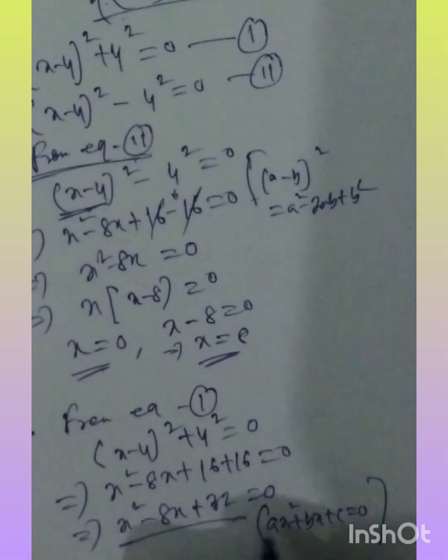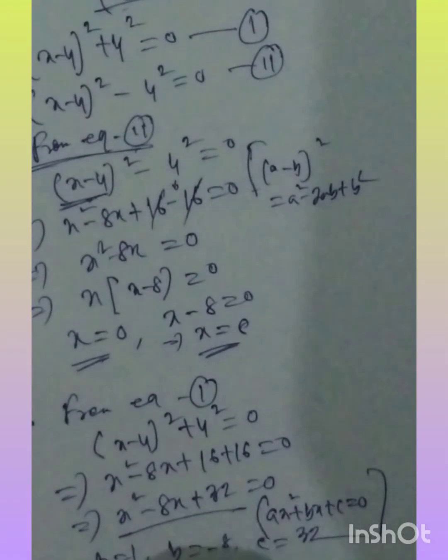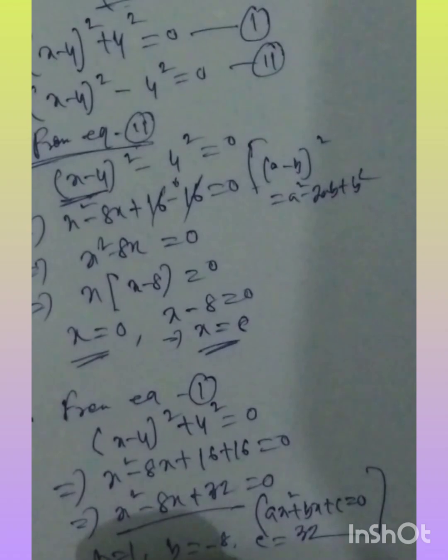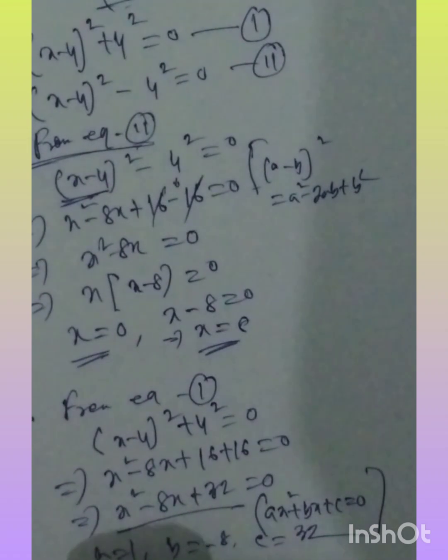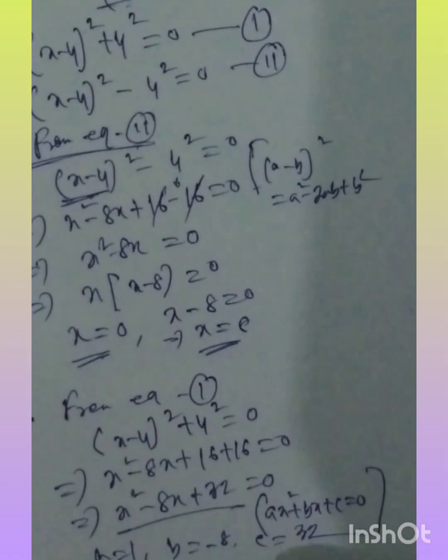Here a is equal to 1, b is equal to −8 and c is equal to 32. Now find the discriminant. D is equal to b² − 4ac, (−8)² − 4 into 1 into 32.